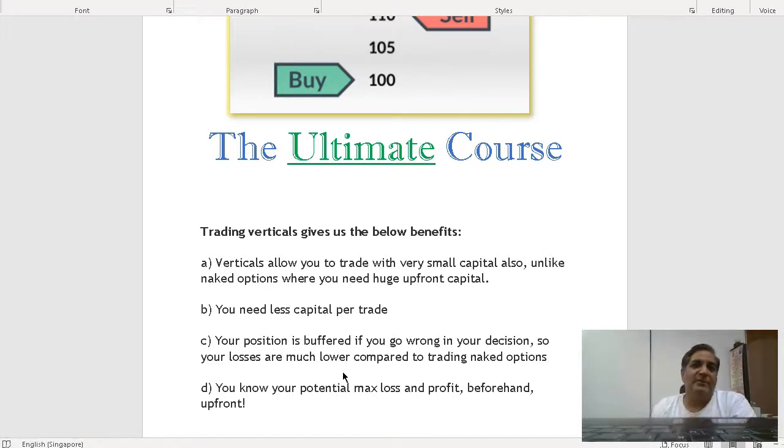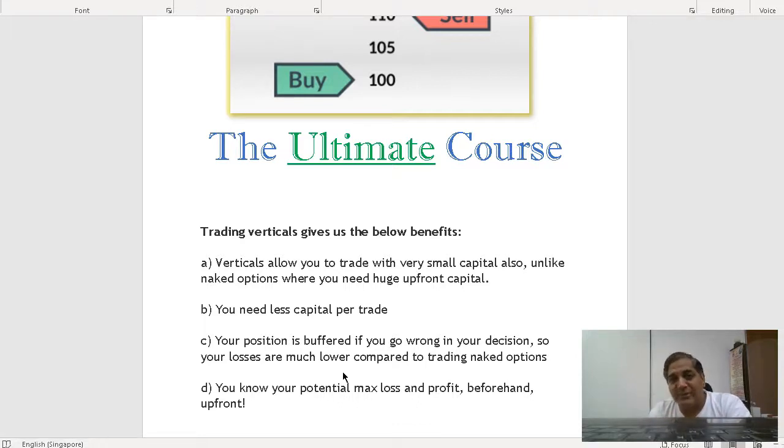Now what happens if the trade goes in the direction that I chose and it's correct in the next 1 day or 2 days, then I can close it even at 50% profit. That means that I got 5%. I assume my trade will give me 10%, so I created a vertical spread based on a 10% expectation.